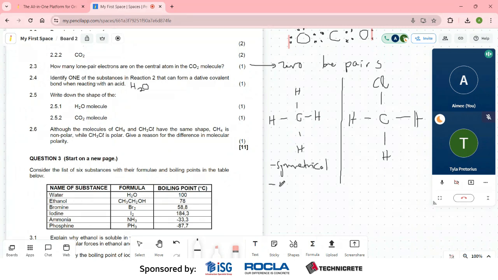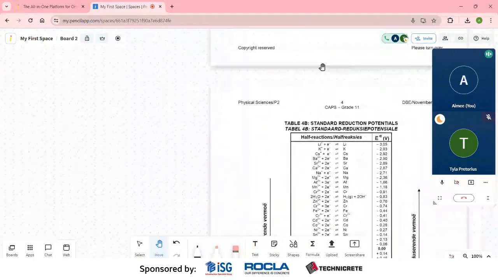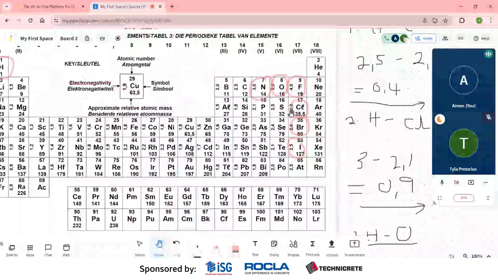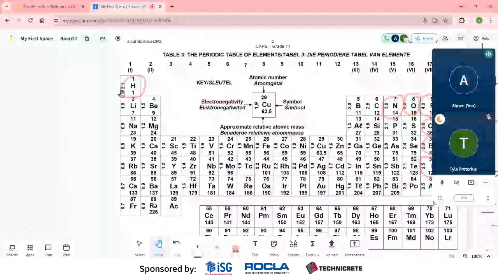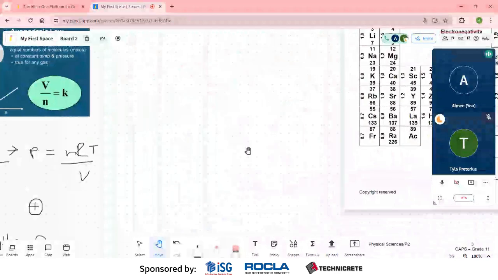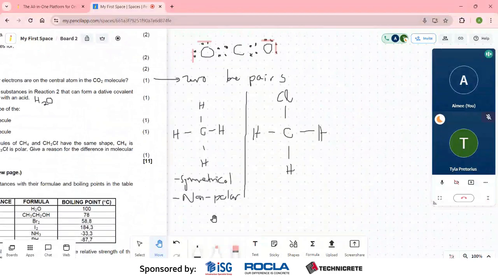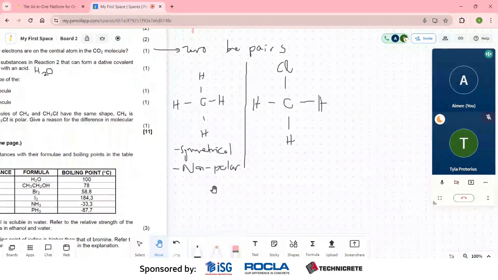It's symmetrical and nonpolar. However, as soon as we swap out one of our H's for a chlorine, which if we go to the periodic table, you can see that chlorine has got a much higher electronegativity. So chlorine has got an electronegativity of 3, and hydrogen has got an electronegativity of 2.1. And remember, electronegativity is the tendency of an atom to attract electrons.